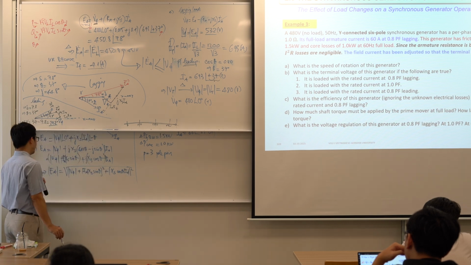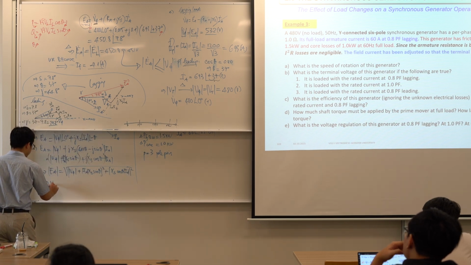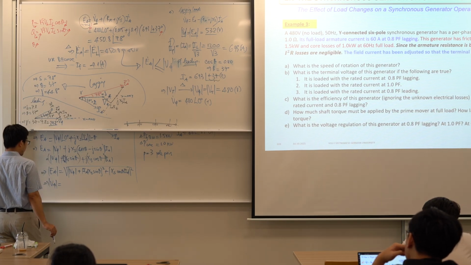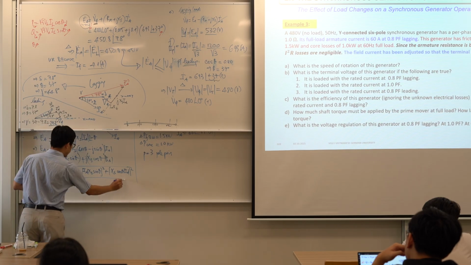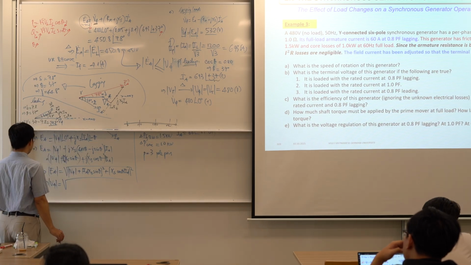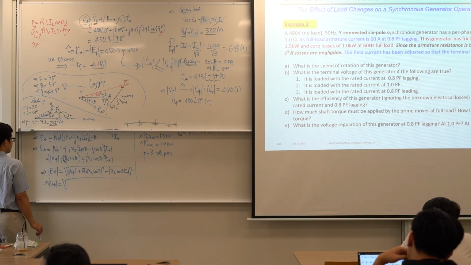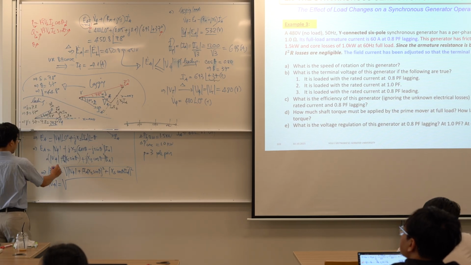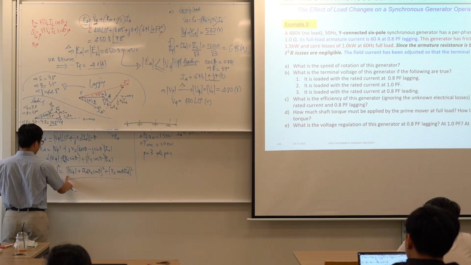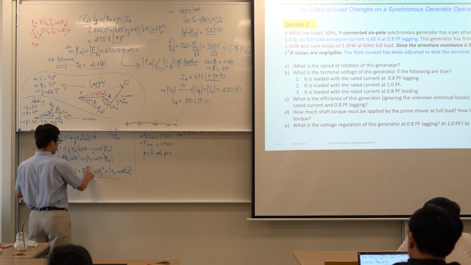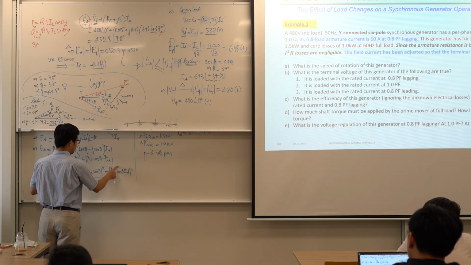Okay, or you can get V phase. The square here, right? So we don't have this one. Are you with me?